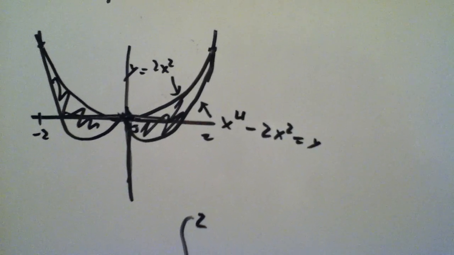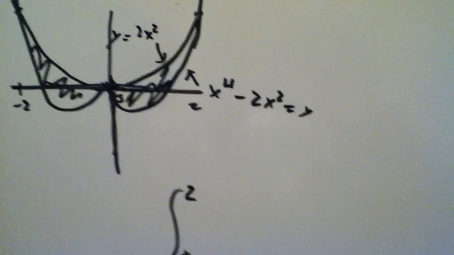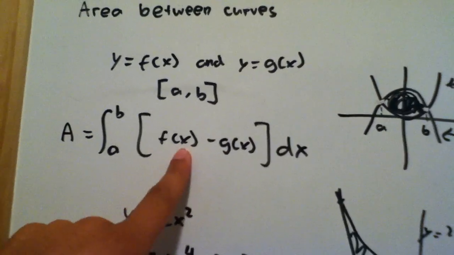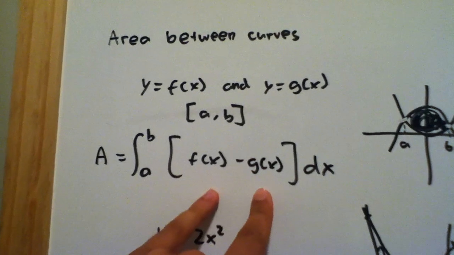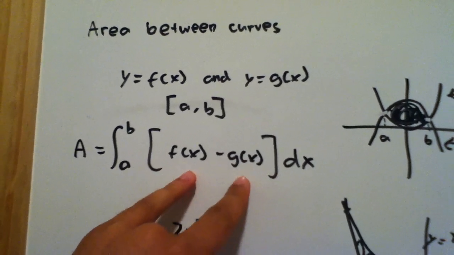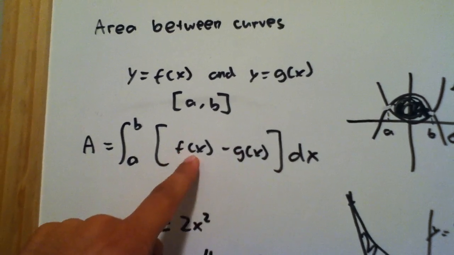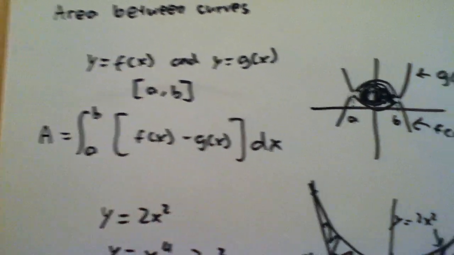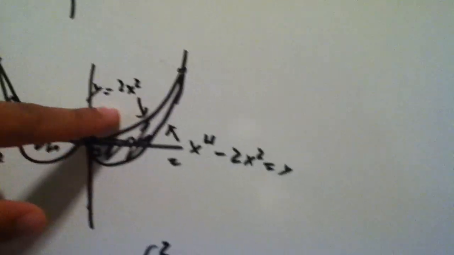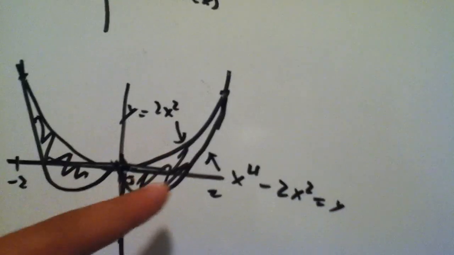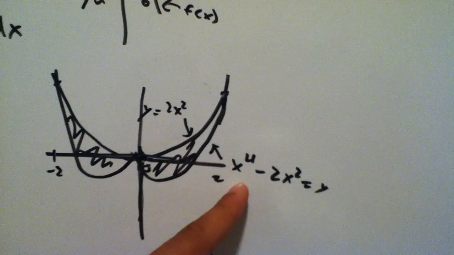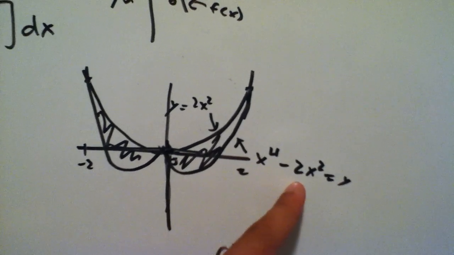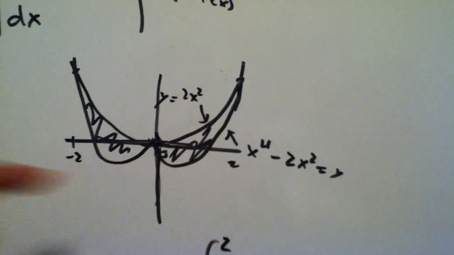According to our equation up here, we have to subtract the two functions from each other. f of x is always the function that's on top, and g of x is the one that's on the bottom, so to speak. So 2x squared is on top, and g of x would be x to the power of 4 minus 2x squared on the bottom.